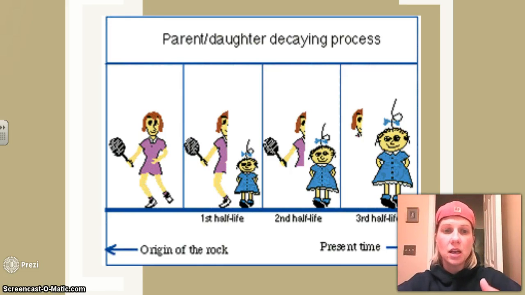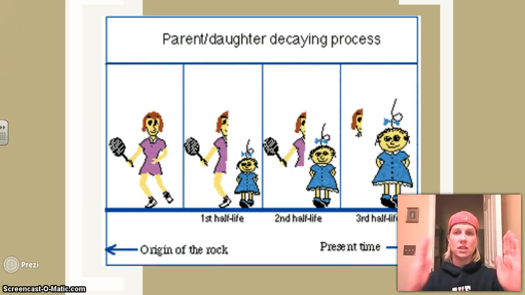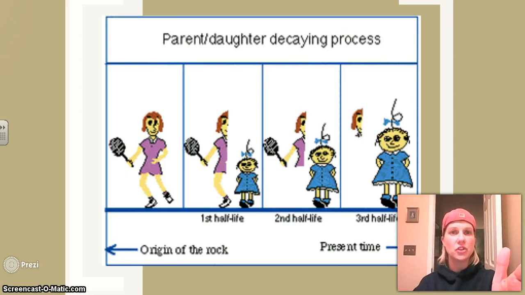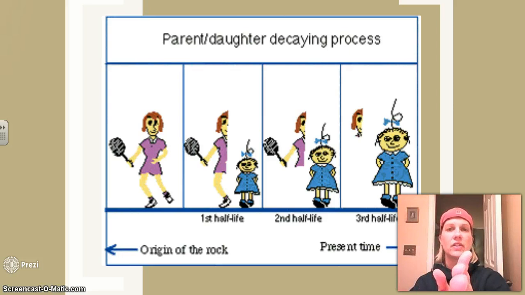So you can see from the beginning to the end, my parent is breaking down in half, my child is getting larger. They're kind of both occupying the same space. So we have to imagine that all together, it has to be 100%. So 100% of the parent is first. If I only have 50% of the parent, I have to have 50% of the daughter. If it's 25%, then I'm going to have 75%. Do you see how this is breaking down?